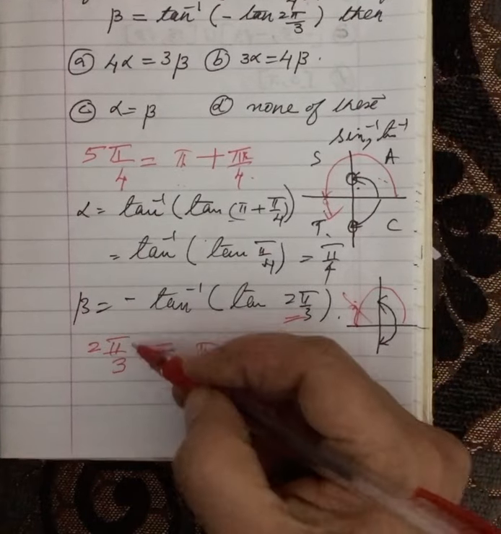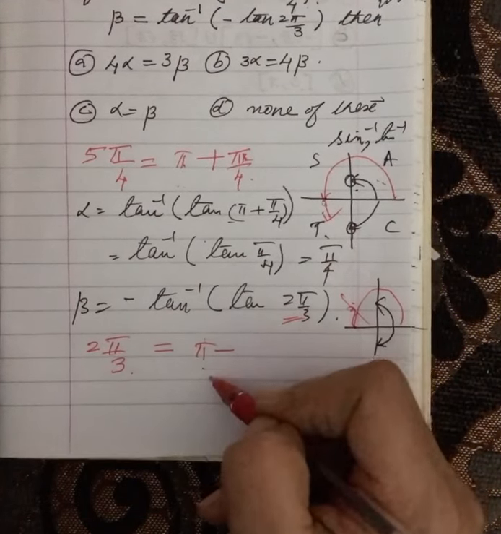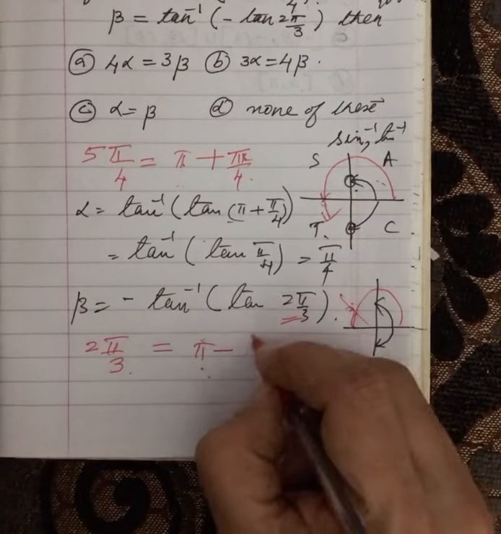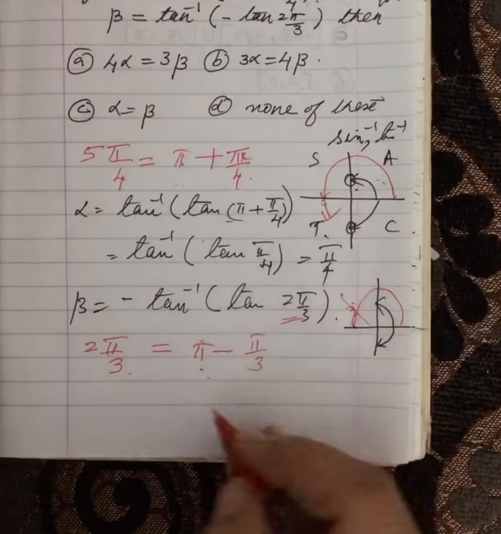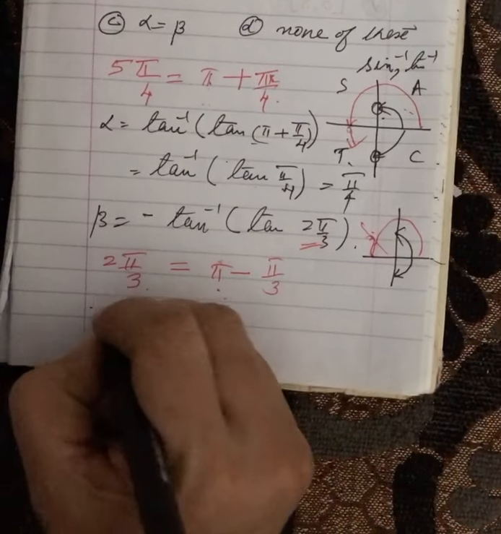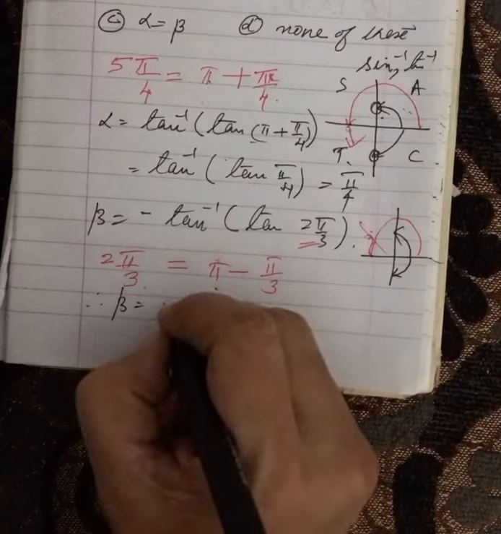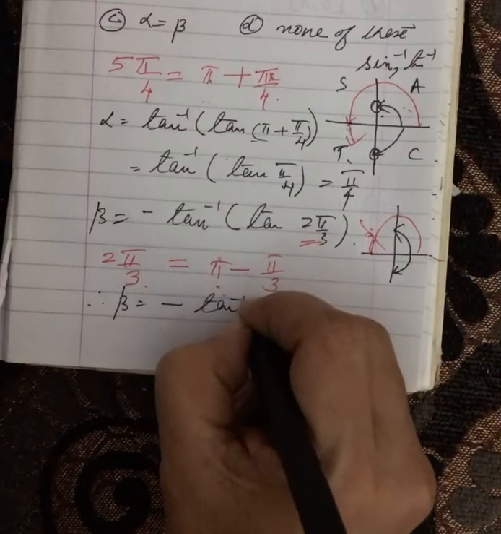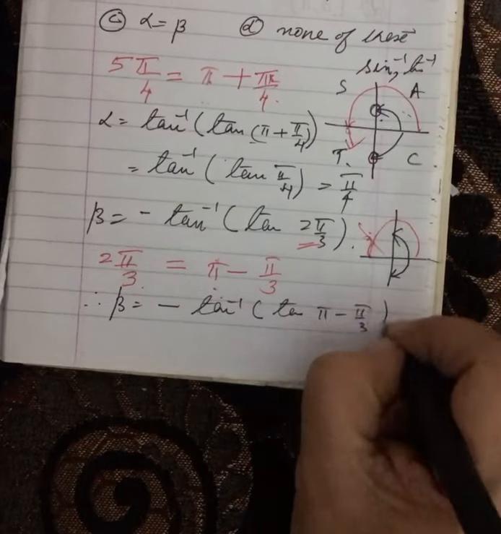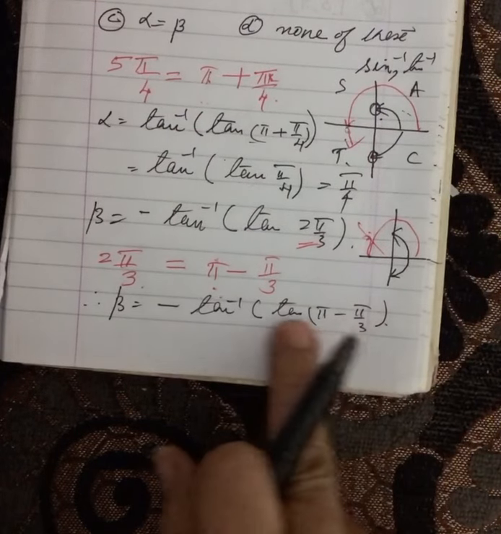Now think pi in terms of pi by 3. Pi is 3 pi by 3. 3 pi by 3 minus how many pi by 3 is 2 pi by 3? 3 pi by 3 minus 1 pi by 3. So this beta becomes minus tan inverse of tan of pi minus pi by 3. And now apply the trigonometry.